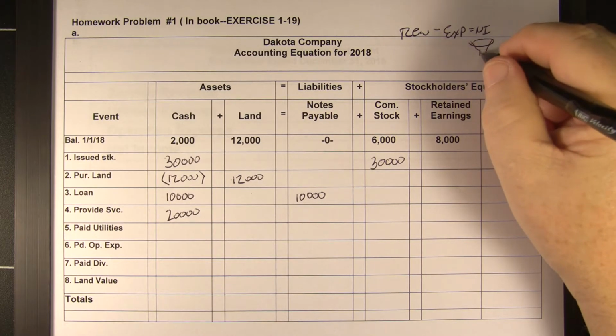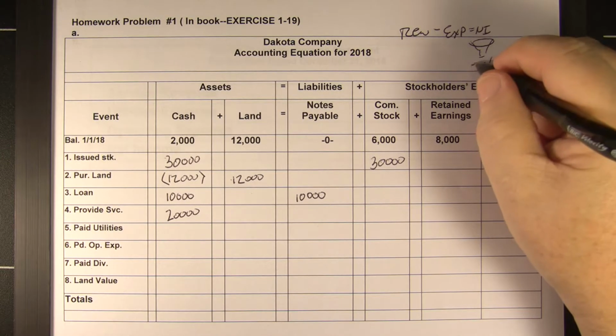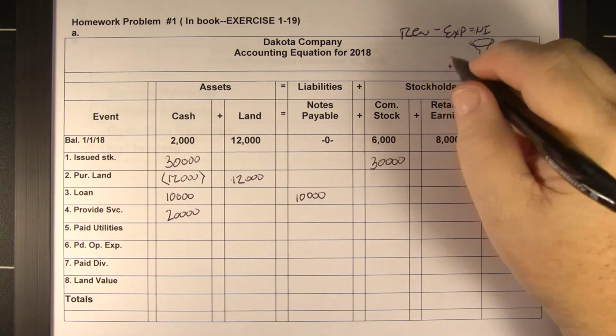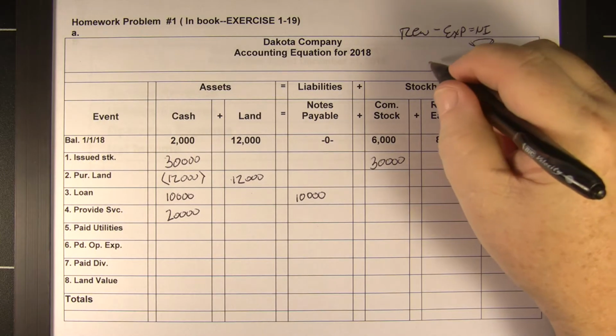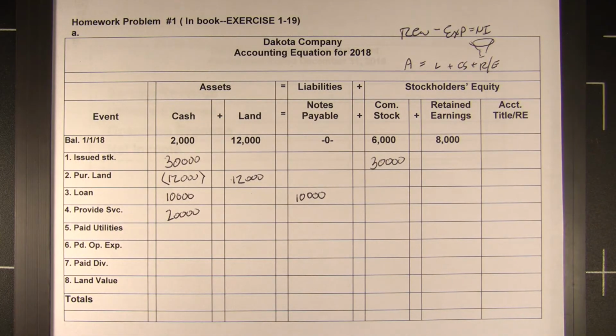And this falls into a funnel that comes right down to retained earnings, which is part of common stock, which is part of liabilities, which equals assets. That's new and confusing and different for you right now, but we're going to get to that. That's the expanded accounting equation.